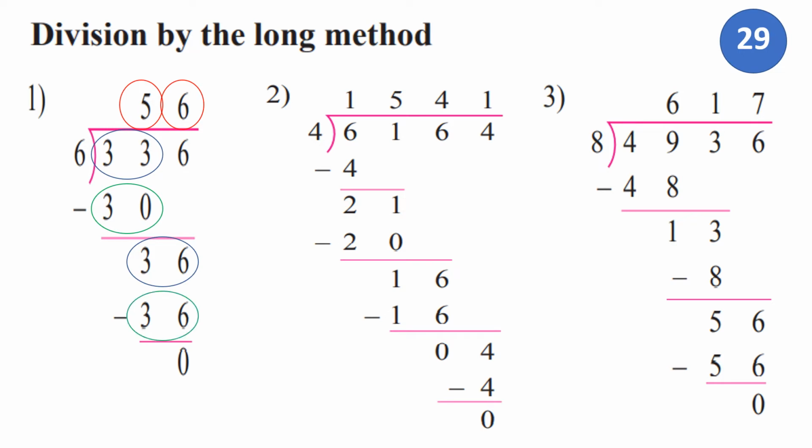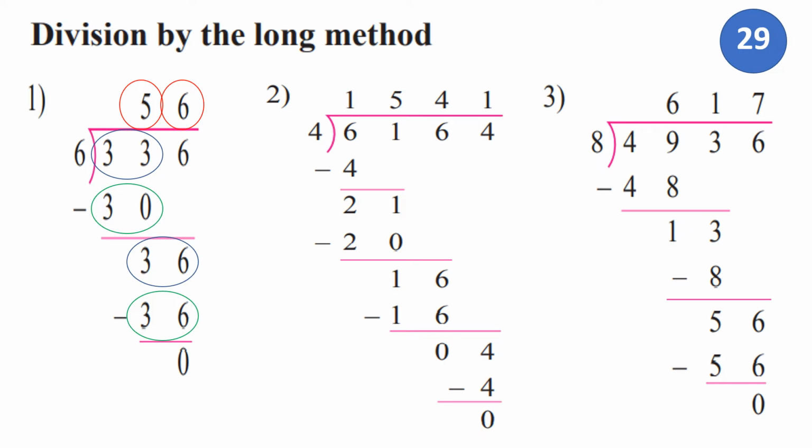Then you subtract: 36 minus 36 is 0. Then we don't have another number. This is the last, because this 0 is the remainder. The answer is 56. Correct, students?